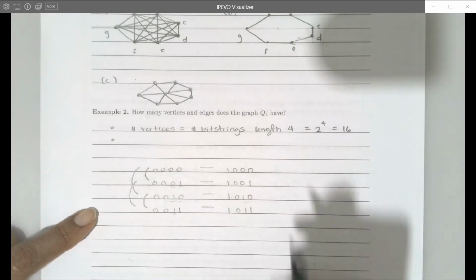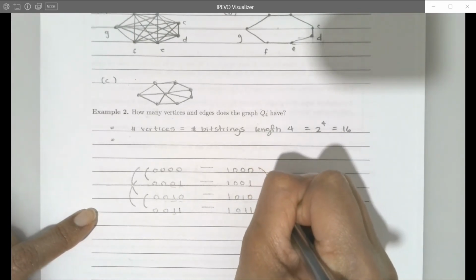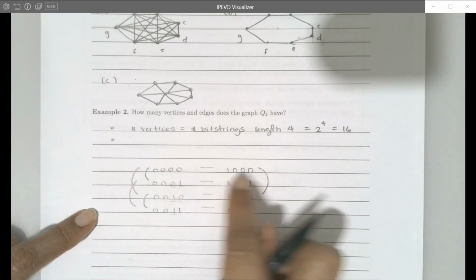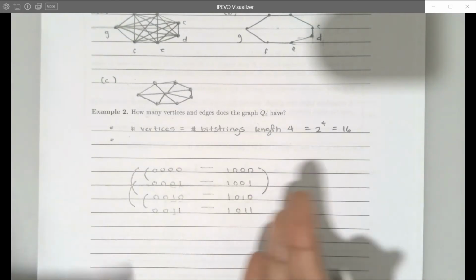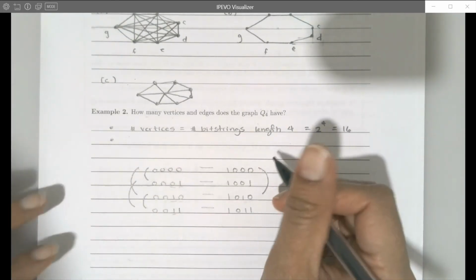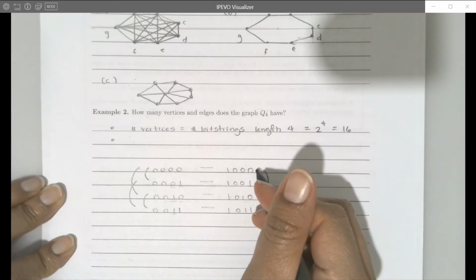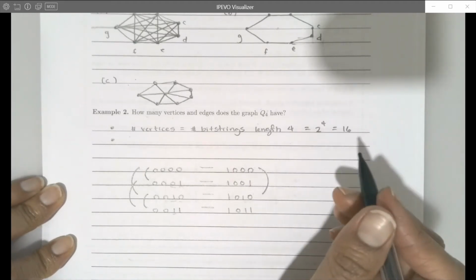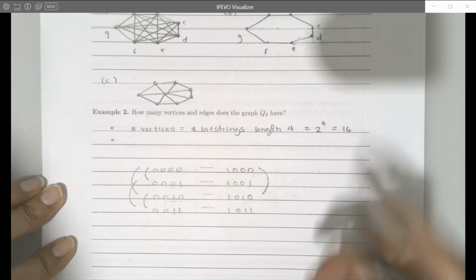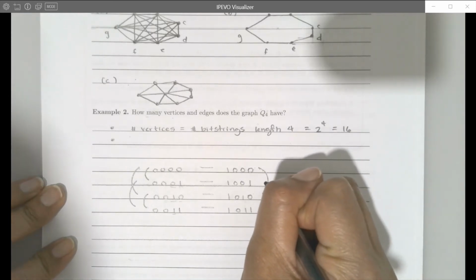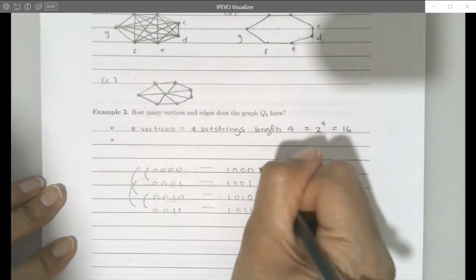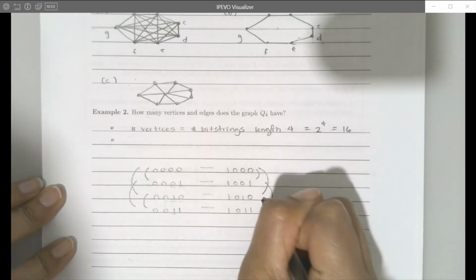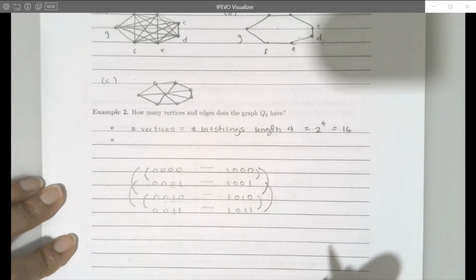Those are all going to be connected, and using the symmetry of the edges that we found, we're going to have an edge between the 1st and the 3rd bit string. We're also going to have one between the 2nd and the 4th, and then between the 1st and the 2nd, and between the 3rd and the 4th.